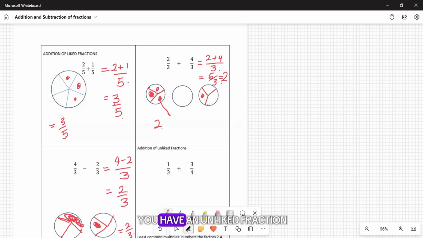If you have an unlike fraction like this, we have to find a common place for the fractions by attempting to make it a like fraction. And if you don't know how to form equivalent fractions, kindly refer to a video on equivalent fractions.